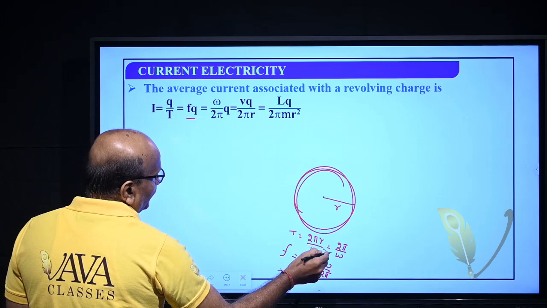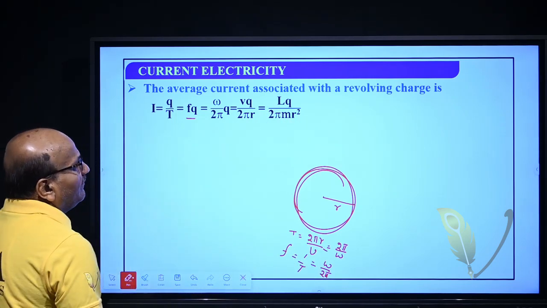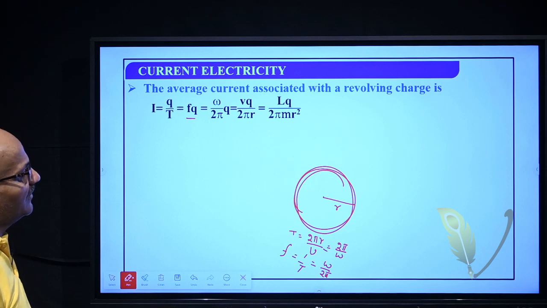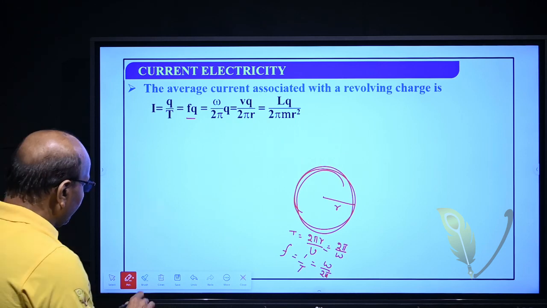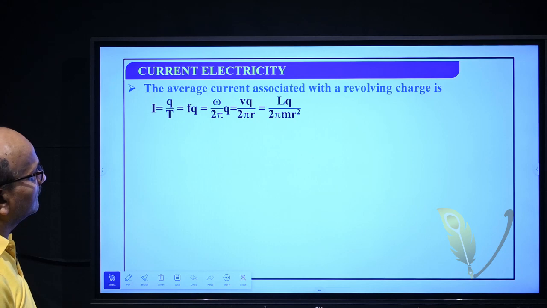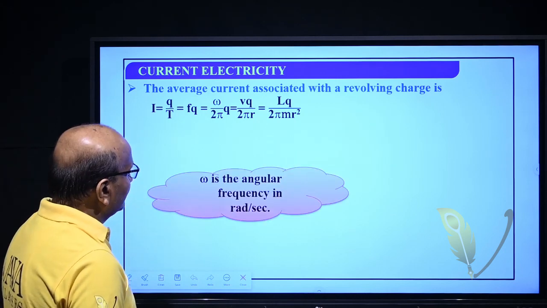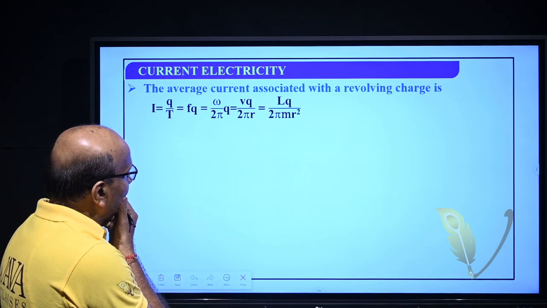Up to this, v into q by 2 pi r, or L into q by 2 pi m r square. So, these are the expressions of current for a revolving electron. L is the angular momentum. Here omega is the angular frequency in radian per second.